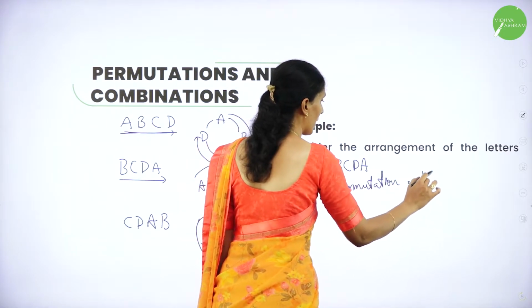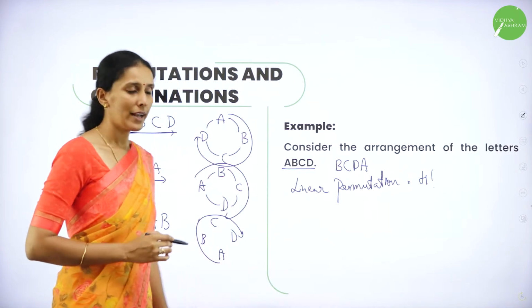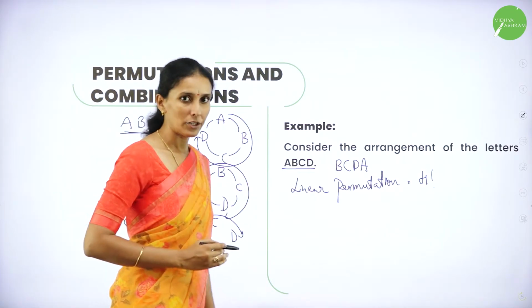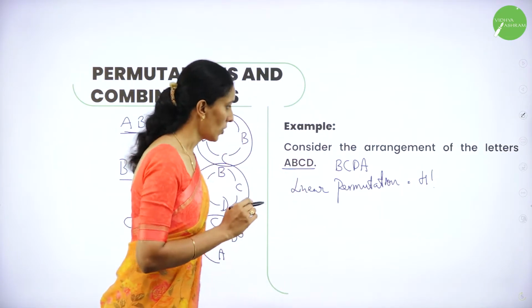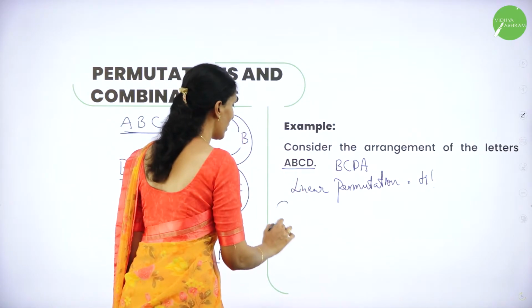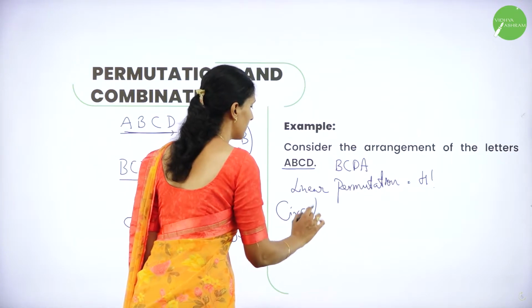What I said is, every 4 arrangements in circular permutation are taken as 1 arrangement. So therefore, in circular permutation, what happens here?